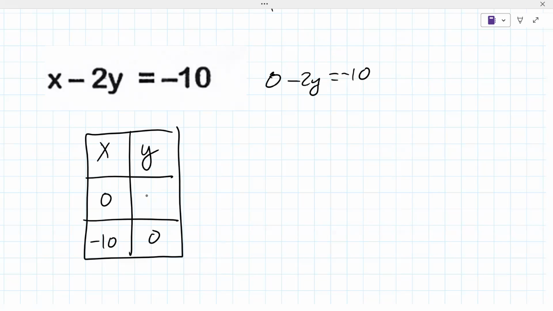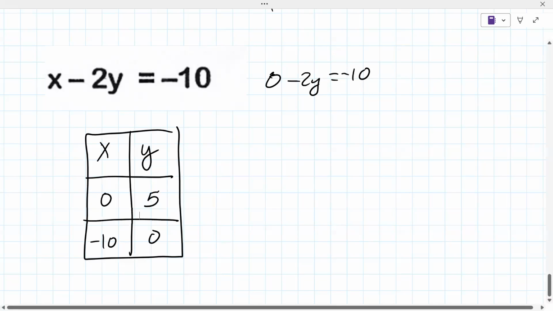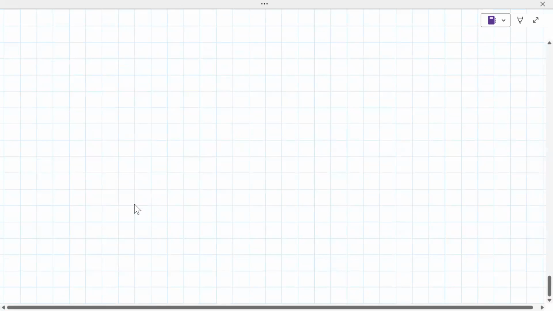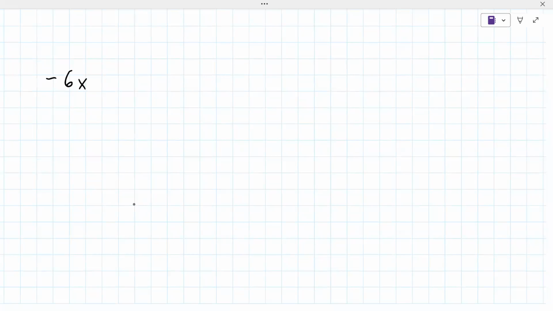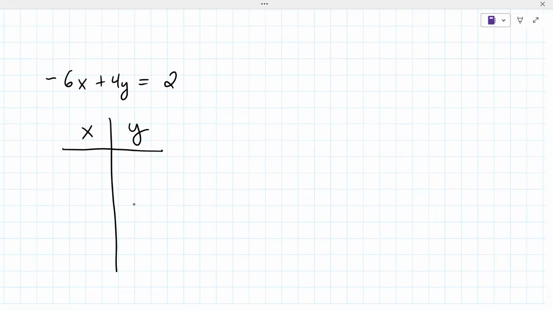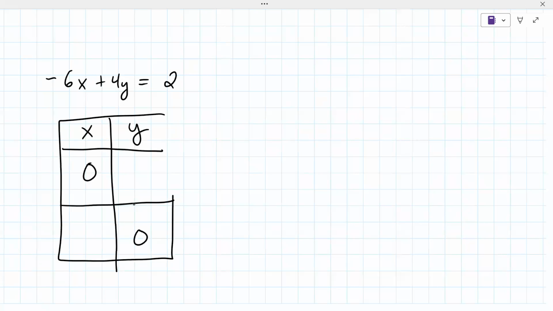Would it just be 5? Very good. All right, so here's another one for you to try. -6x plus 4y equals 2. Go ahead and give that a try, please.